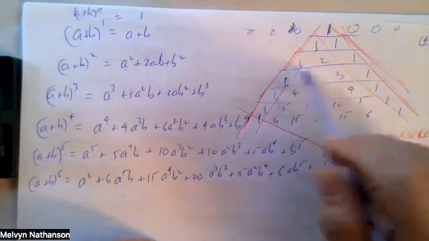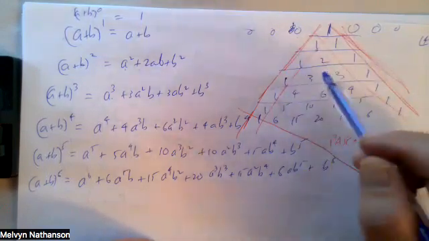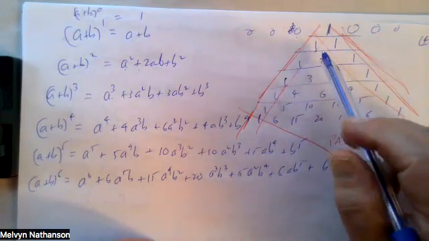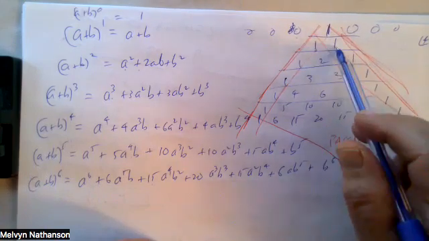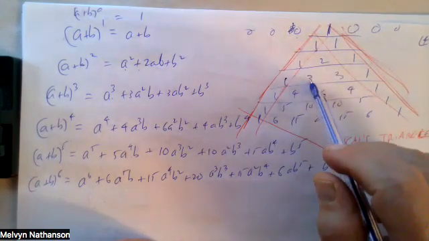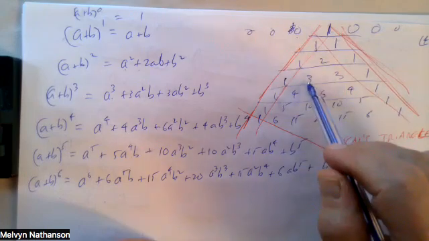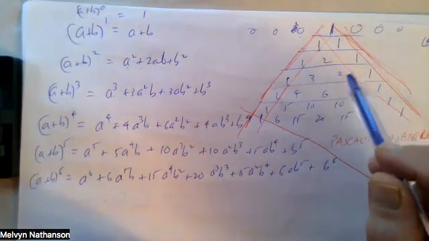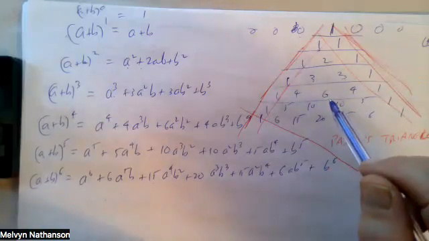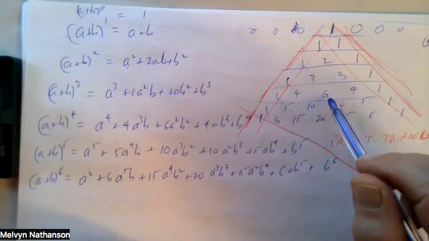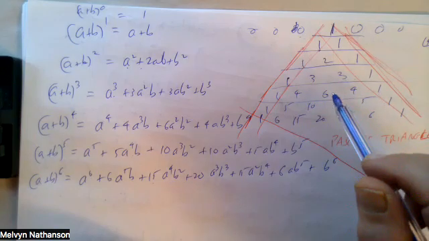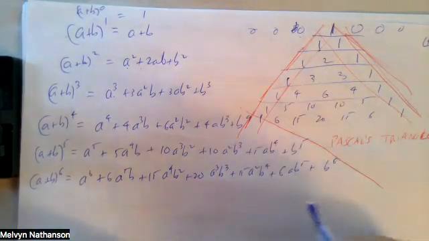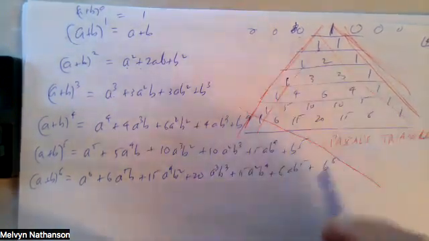Or let's say that the ends are always 1s. This 2 is the sum of the two numbers to the right and the left just above it. 3 is the sum of the two numbers just above it to the left and the right. And that pattern keeps going. Each number in each new row comes from adding the numbers just above it in the previous row. So suppose I want to find the 7th row.